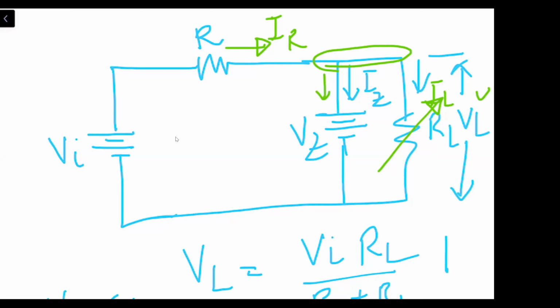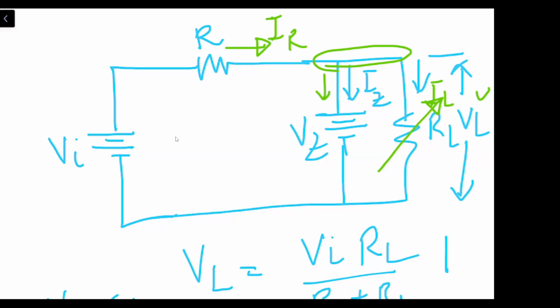So the starting point is to see what should be the minimum value of RL so that the zener diode is in the on position. Because if it is not in the on position, then this is not in a regulation mode.